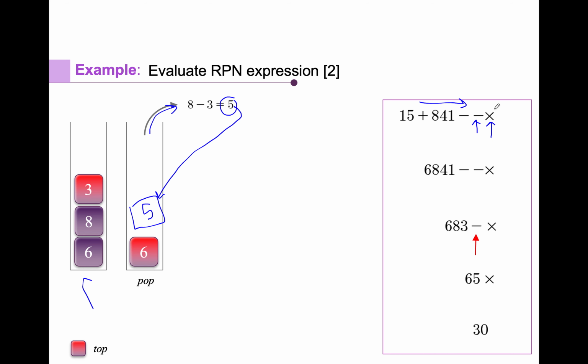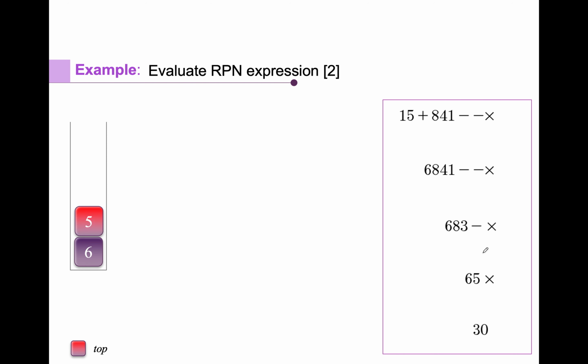Next you're going to meet another operation. So your existing stack will have 6, 5. When you meet another operation, which is the multiplication over here, what you're going to do is pop.